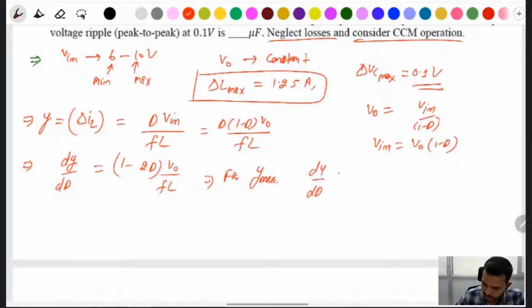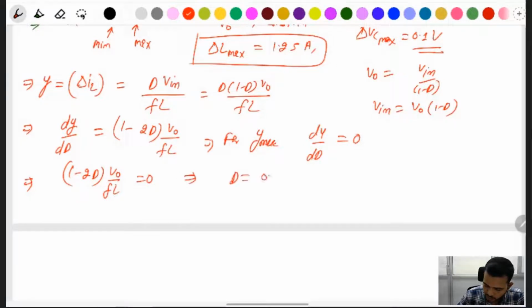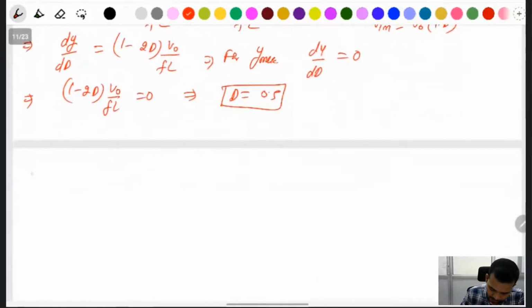For y maximum, take dy by dD equal to 0. Then 1 minus 2D V naught by FL is equal to 0. It means D is equal to 0.5. When D is equal to 0.5, delta IL is maximum.